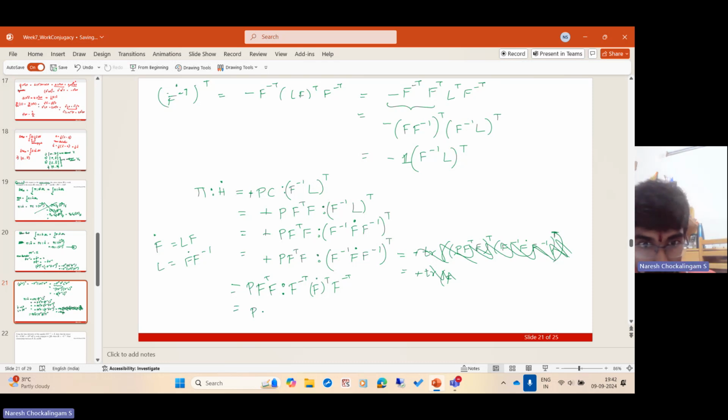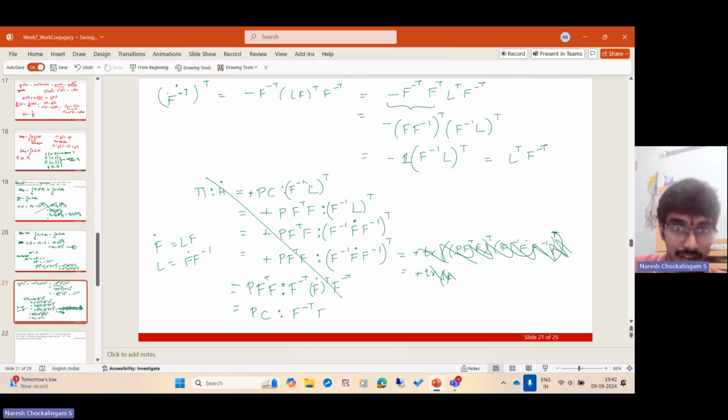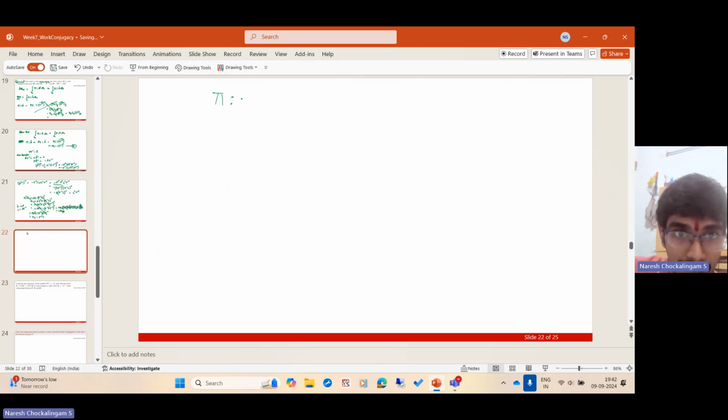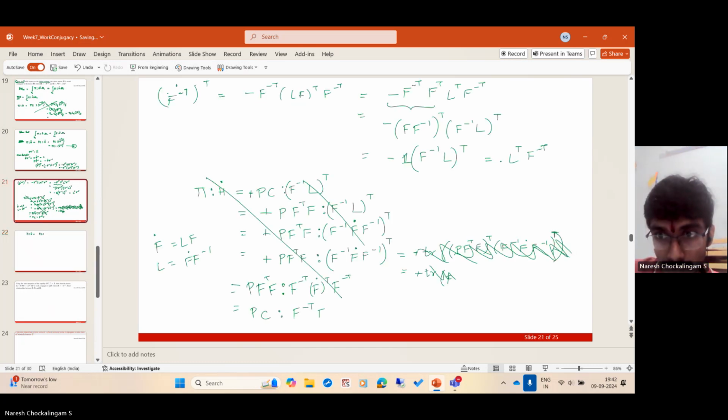So this is PC double dot F inverse transpose, or actually this I should write as L transpose F inverse transpose, then it makes it simpler. Okay. I just write this as pi contracted with H dot is PC contracted with, what did we get here? There's a minus sign.